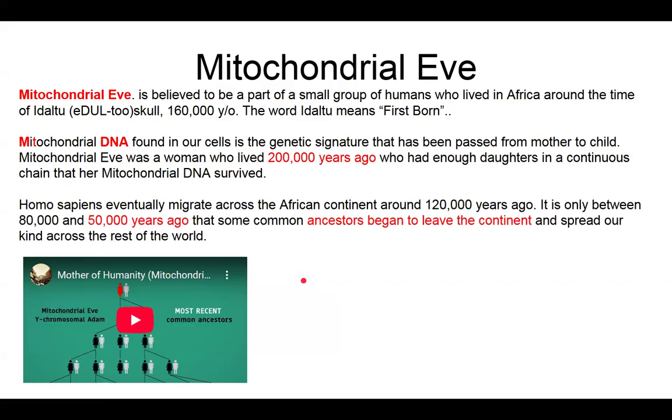Homo sapiens eventually migrated across the African continent around 120,000 years ago. It is only between 80,000 to 50,000 years ago that some common ancestors began to leave the continent and spread our kind across the rest of the world.